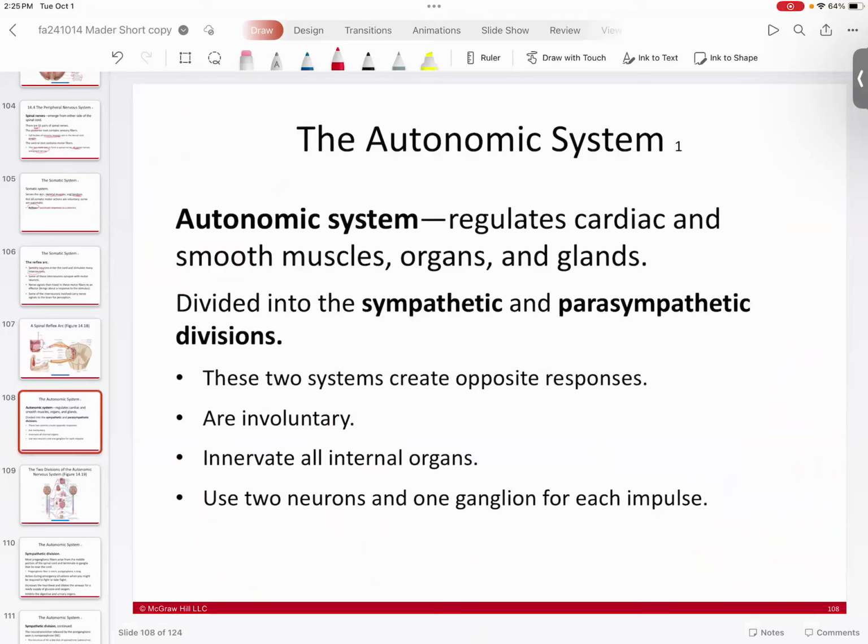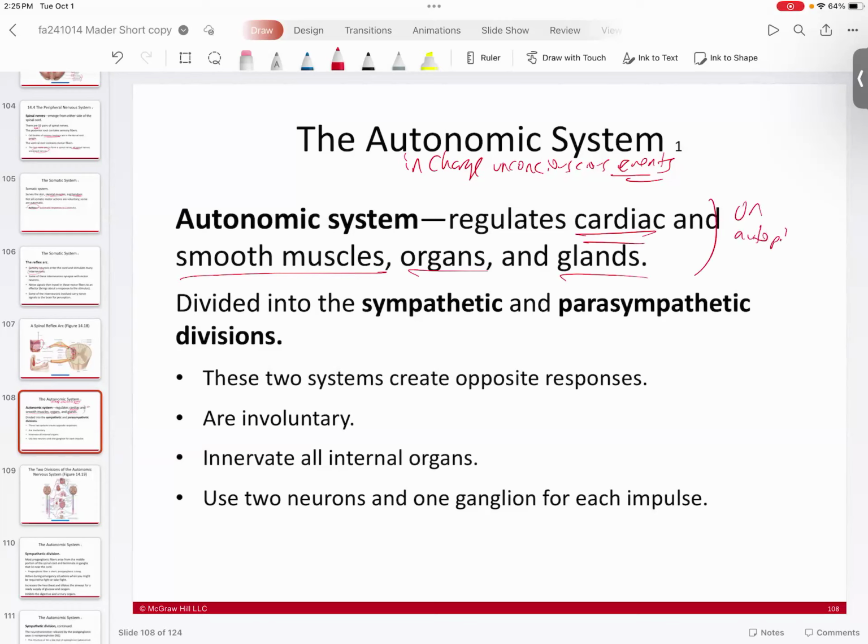The autonomic system then is basically in charge of unconscious events. So this basically regulates things like cardiac, smooth organs, glands, right? Things that basically are on autopilot.